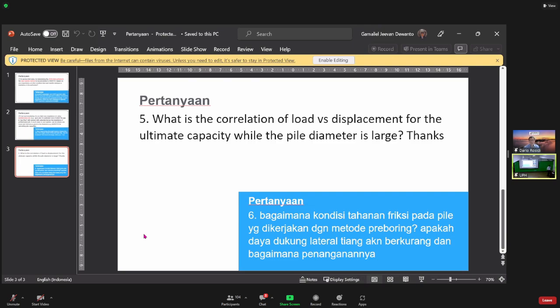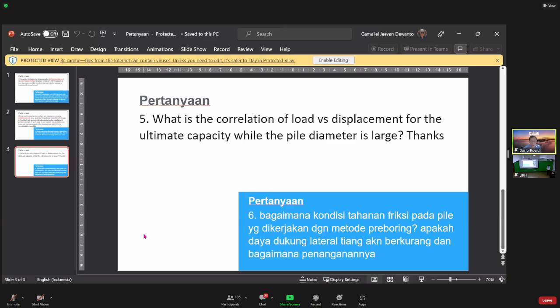Korelasi. Ini korelasi beban dengan displacement ini Pak Dario untuk QU, kapasitas ultimate-nya. Itu bagaimana? Correlation of load. Saya nggak terlalu get it.